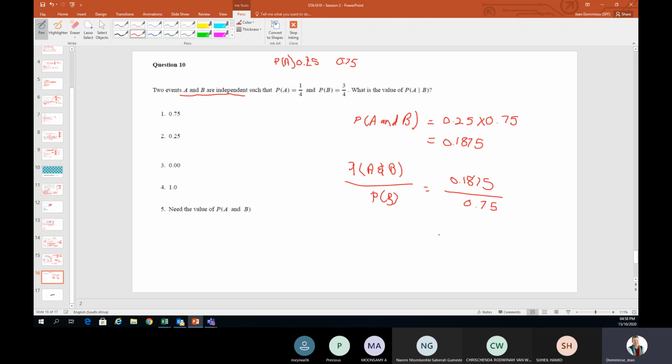So that answer would be 0.25, which is option 2.